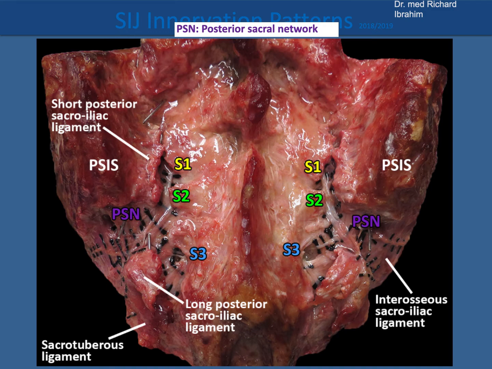So if you take this sacrum by itself, isolated from the cadaver, you see that you have three different foramina on the sacrum: S1, S2 and S3. And on the left part, which has been well known since 2016 from a study by my friend Miss Agur from Canada, you see this posterior sacral network, which is a specific network for pain perception and also pressure Golgi systems.